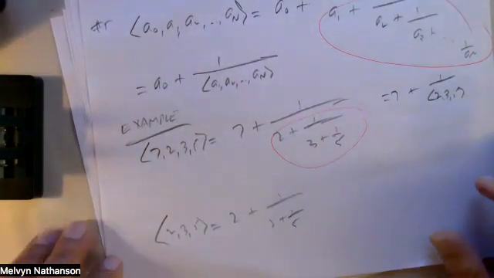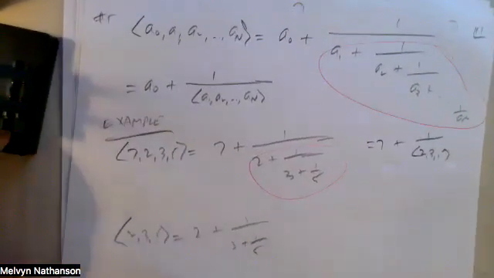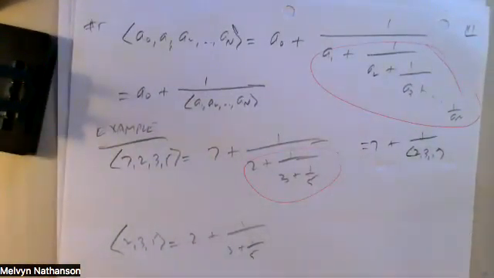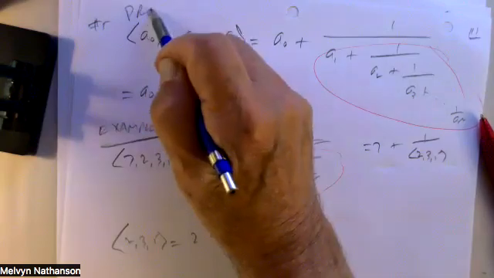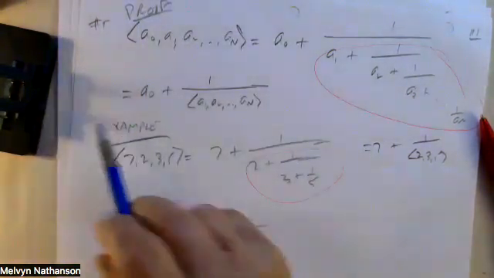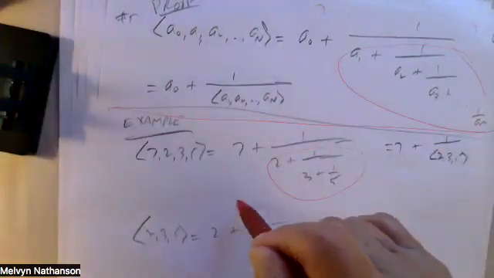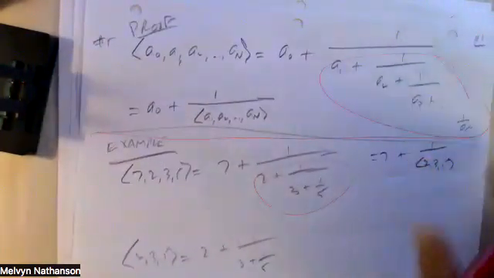That's an example. So this is the proof. That's all we have to do for that problem. This is the example, just to see with numbers what this means.